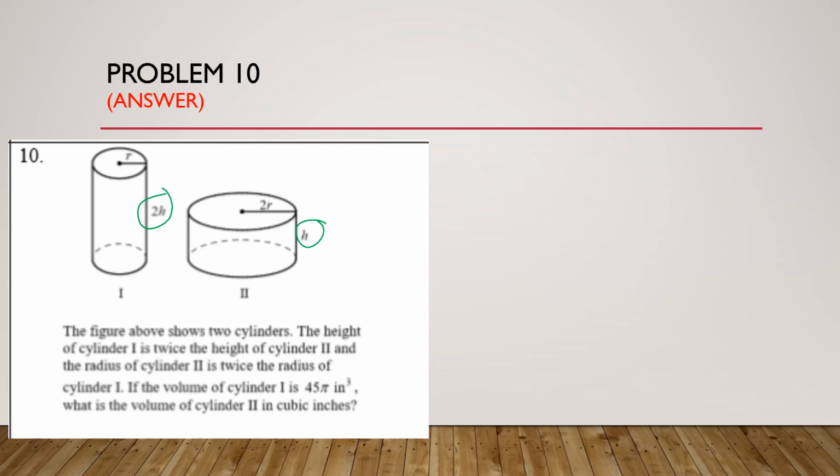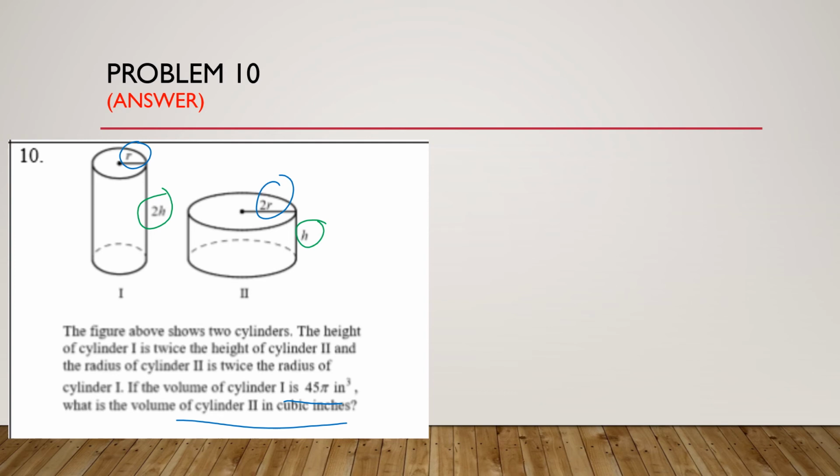The radius of cylinder 2 is twice the radius of cylinder 1. So the radius in cylinder 1 is r, and in cylinder 2, it's 2r. They tell us what the volume of cylinder 1 is, so we need to figure out what the volume of cylinder 2 is.